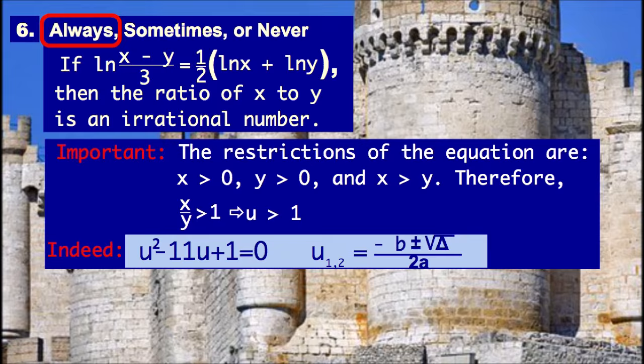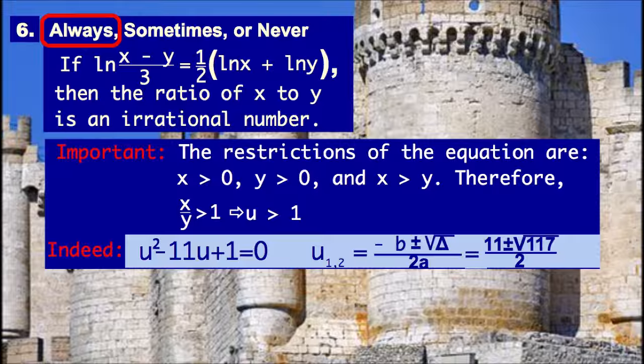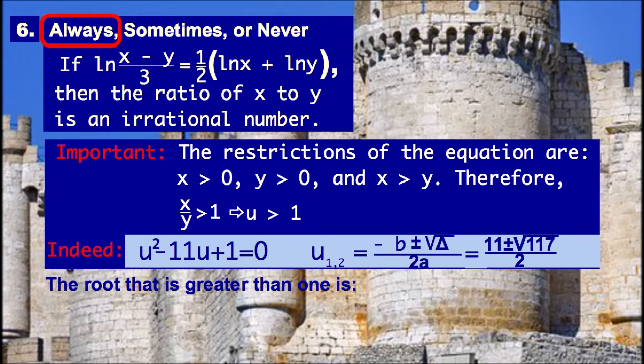Indeed, when we solve for u1 and u2, we get (11 plus or minus square root of 117) over 2. The root that is greater than 1 is (11 plus square root of 117) over 2.